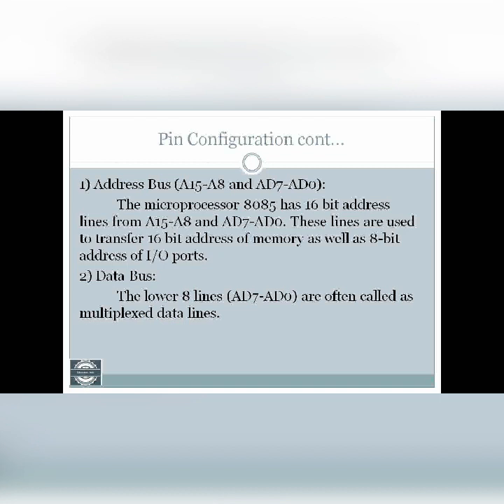It is given as A15 to A8, and AD7 to AD0. A15 to A8 is 8, and AD7 to AD0 is 8. The total is 16. The 16 lines are designed for the 16 bits of address.